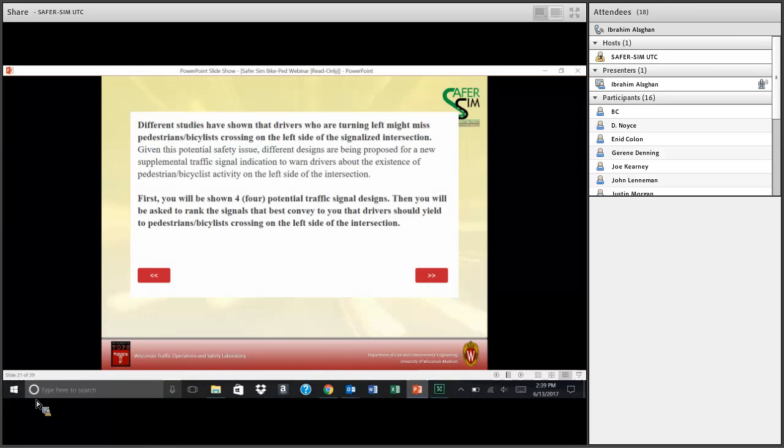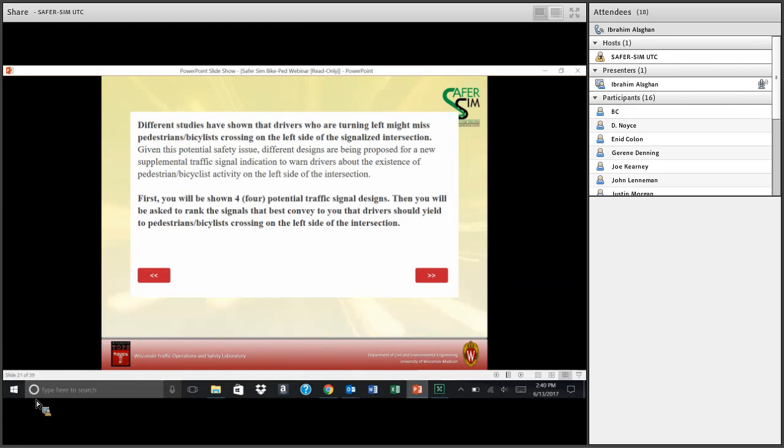As you can see here on the screen, this is what we ask the subject. Different studies have shown that drivers who are turning left may miss pedestrian and bicycle crossings on the left side of a signalized intersection. Given this potential safety issue, different designs are being proposed for a new supplementary traffic signal indication to warn drivers about the existence of pedestrians on the left side of the intersection.